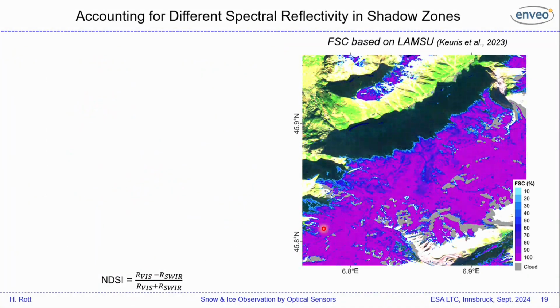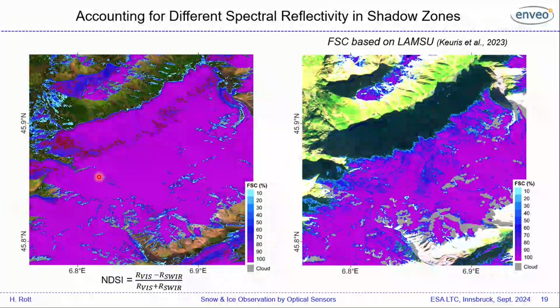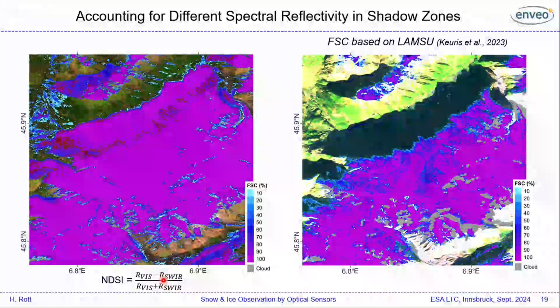And this is shown here, for example. This is now the reflectivity on the left side with the normalized difference snow index, which is visible reflectivity minus shortwave infrared reflectivity divided over the sum of these.